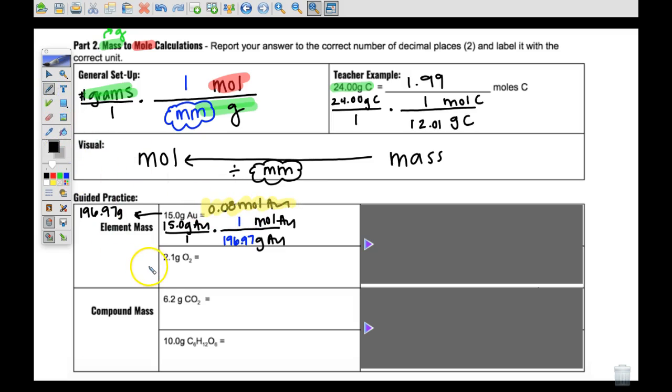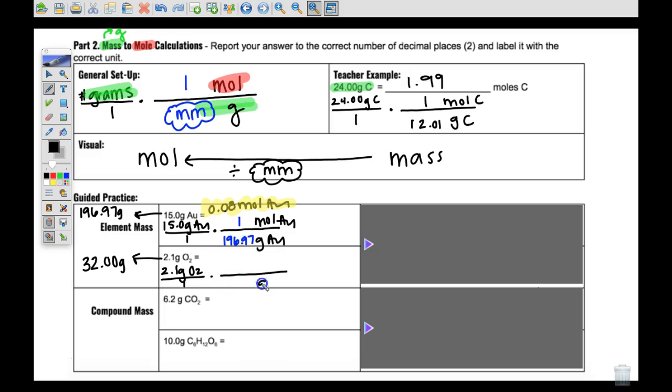Let's do another one. If I'm given 2.1 grams of oxygen, which is O2, how many moles will I have? Well, first I need the molar mass, which just like before in part 1 is 32 grams. My first step in converting is to put my given over 1. So 2.1 grams of O2 over 1. Then my next step is to draw my next chunk.